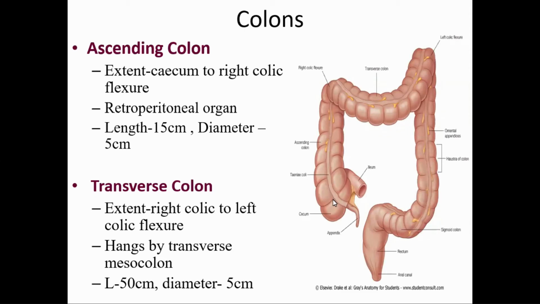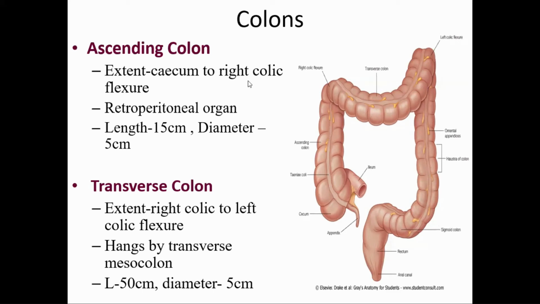Sometimes the posterior relations of the cecum may be asked. What are the posterior relations of the cecum? Right psoas major muscle and iliacus muscle, then the posterior cutaneous nerve of the thigh, femoral nerve, and genitofemoral nerve of the right side.